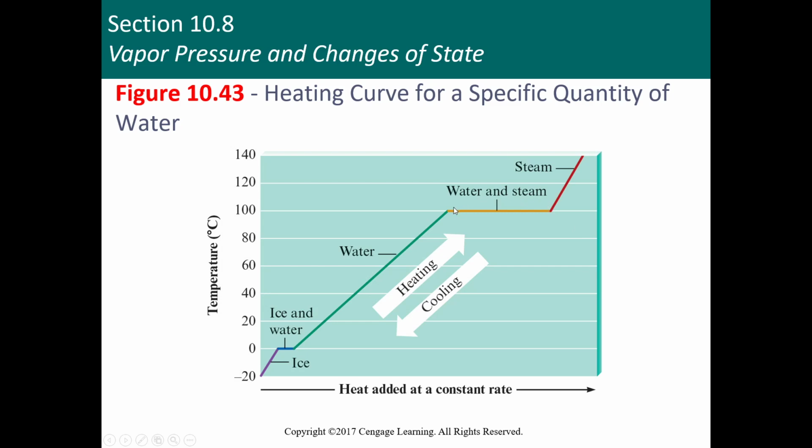This amount of energy that you're seeing in this flat line right here, that's the heat of vaporization. And it doesn't raise the temperature of the water or steam until you finish breaking all of those bonds to go into the vapor phase, steam. Once you've converted all the molecules to the vapor phase of steam, you have more energy then that can be used to increase the temperature of the steam.